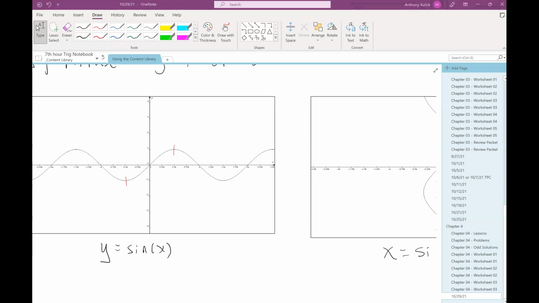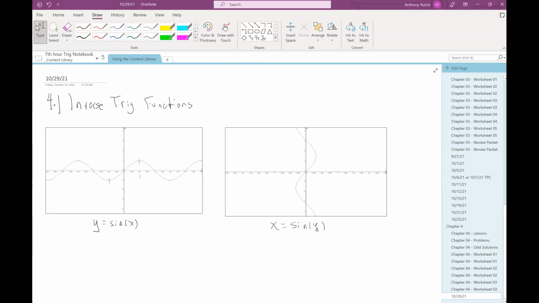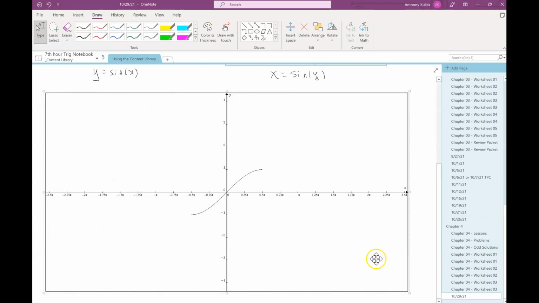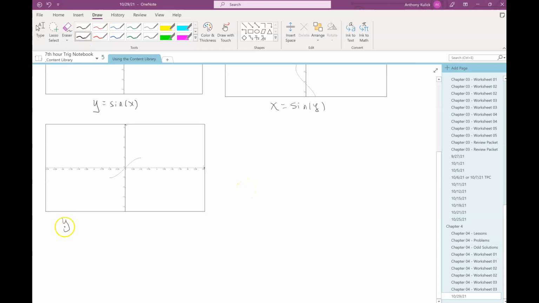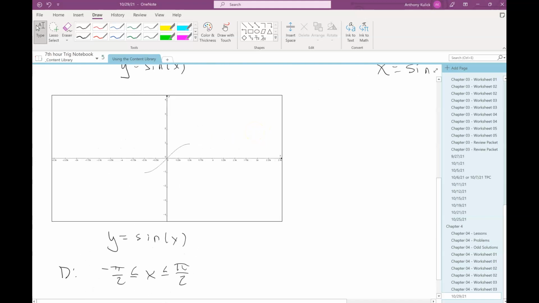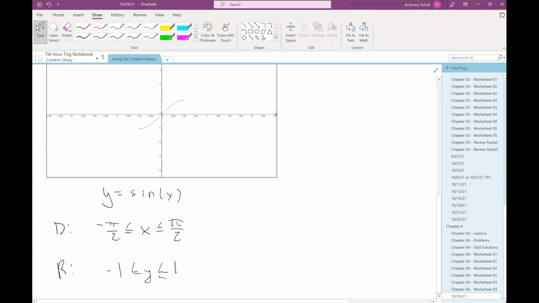So let's look at what that picture would really look like. There's our new function where we've restricted the domain.